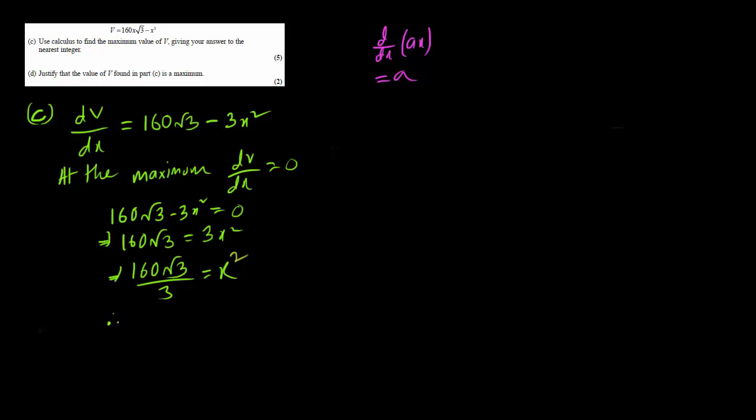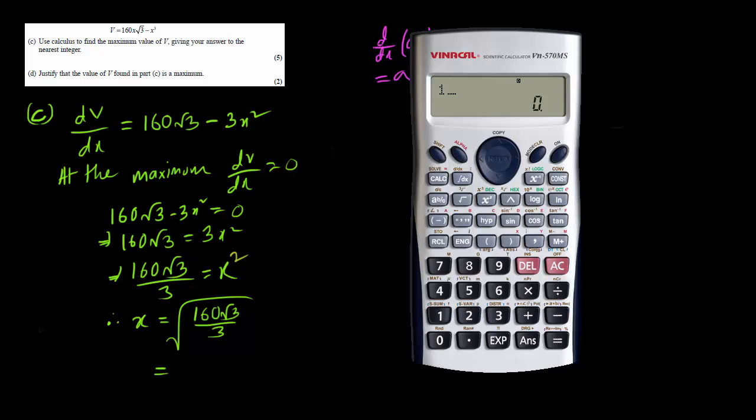So x equals the square root of 160 square root of 3 by 3, and the answer is 9.611.